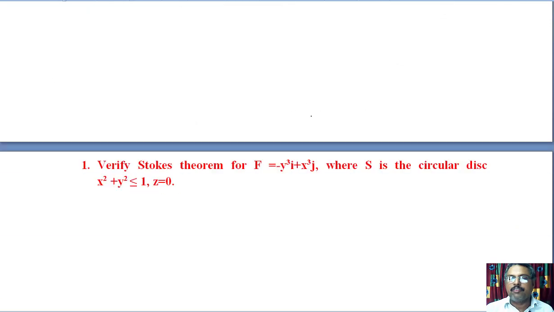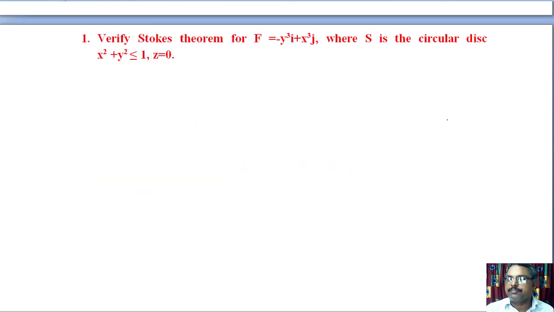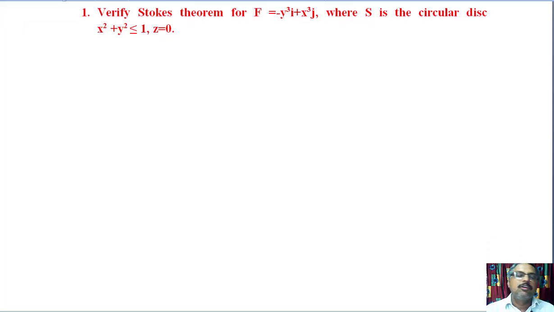Now the problem. We will discuss the first question. Verify Stokes theorem for F equals minus y cube i plus x cube j, where S is the circular disk. Here the circular disk is open. What is the circular disk?